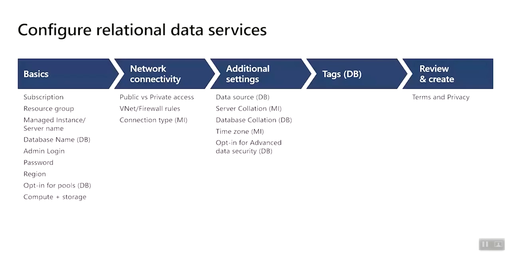In the compute and storage parts, you need to specify the compute, storage, and backup configurations for your new server. Typically, this is bundled up into what's called DTUs, or Database Transaction Units. For the pricing tier, there's typically 3 pricing tiers you can choose from.